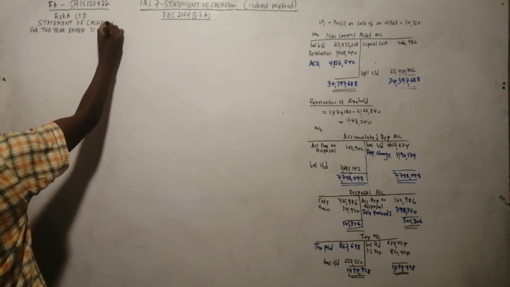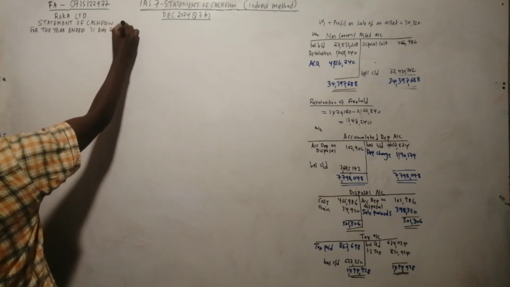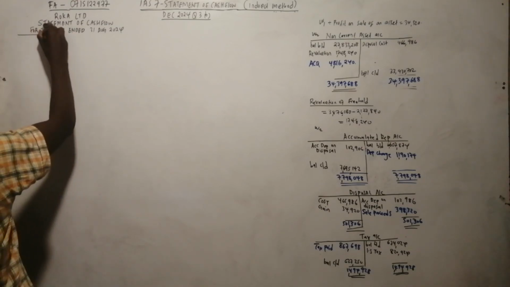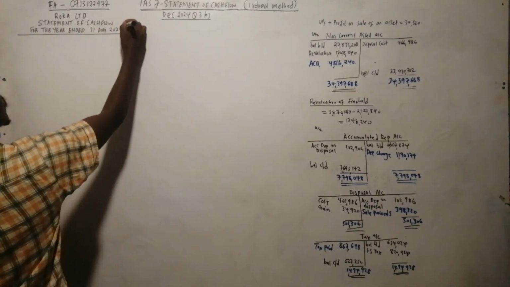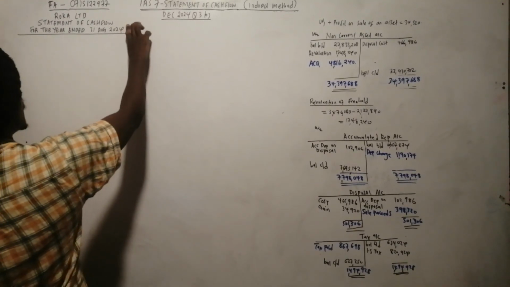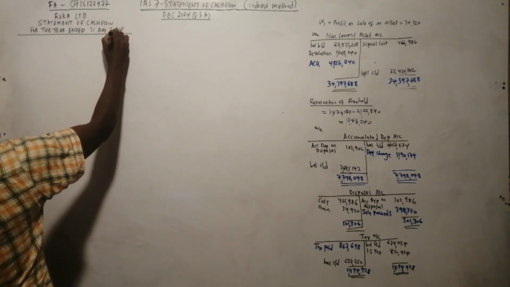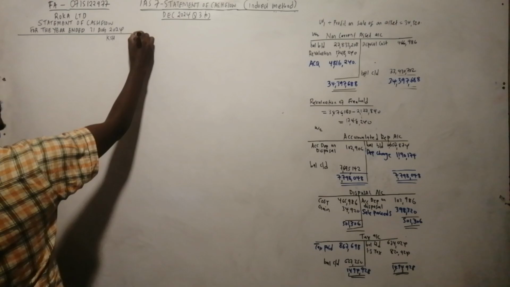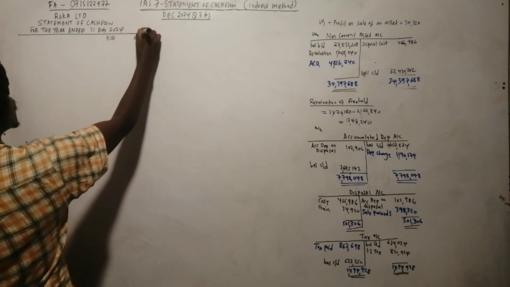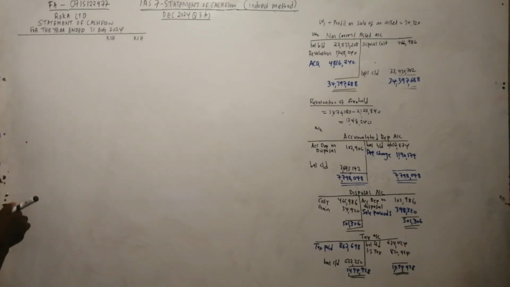Let me confirm whether it is in thousands. It is not in thousands, so it is fine. We say Kenya shillings. So we start with the cash flows from operating activities.